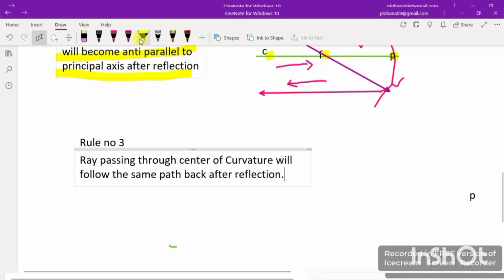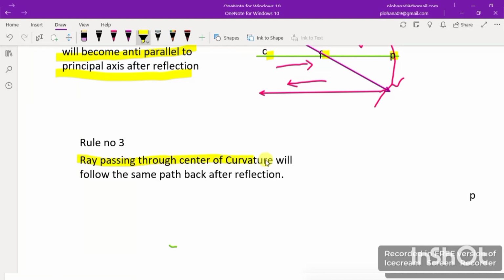So let me use the highlighter here so that I can explain it to you guys. A ray passing through the center of curvature will follow the same path back after reflection. So I'm just going to make the diagram here.